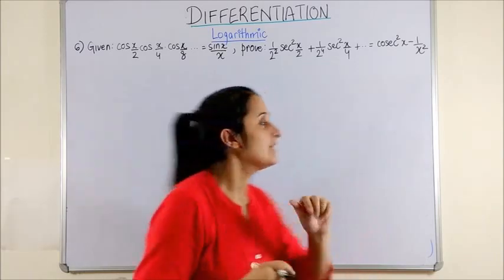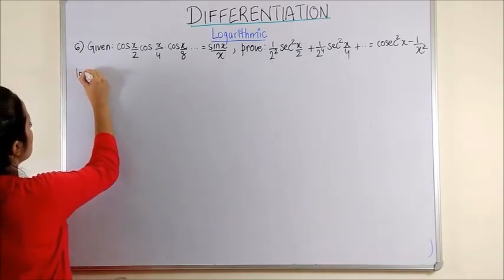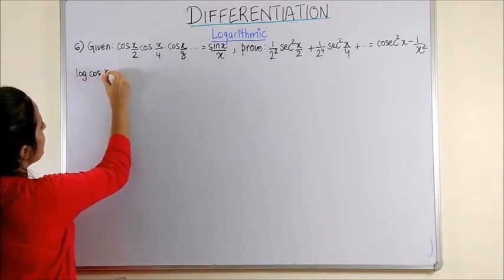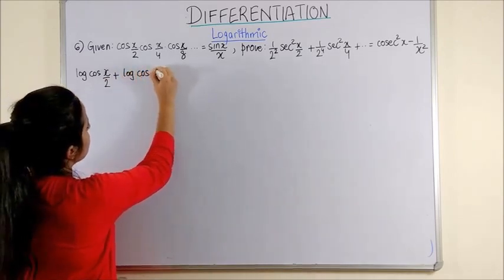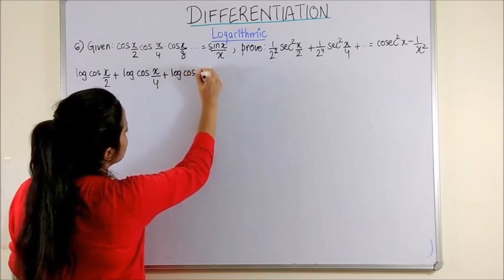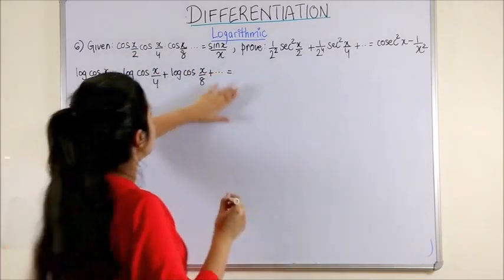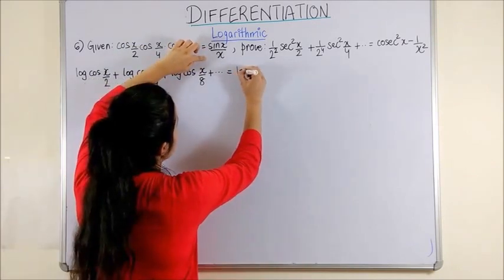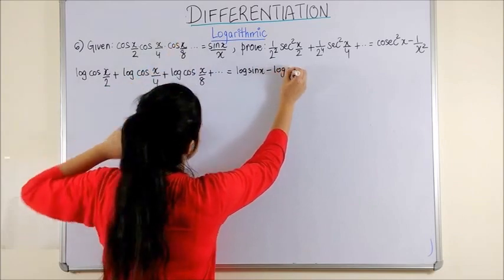for this question. So if I take log on both sides, we get log cos of x by 2 plus log cos of x by 4 plus log cos of x by 8, so on and so forth, is equal to log of a by b, which would give me log sin x minus log x.